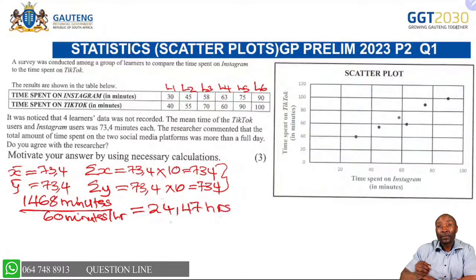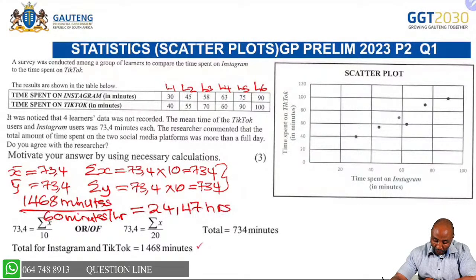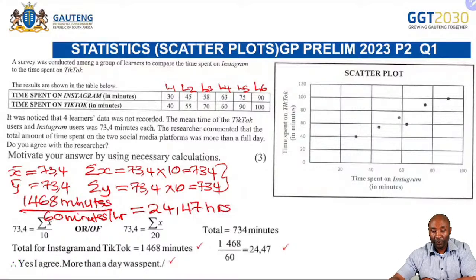And a day is 24 hours. So the time spent on both social media platforms is more than a day. So the researcher is going to be correct. We have to do the necessary calculations, and this gave us our answer of 1,468 minutes. We divided by the number of minutes per hour, then we got our answer as yes, it's more than a day that was spent on both social media platforms.